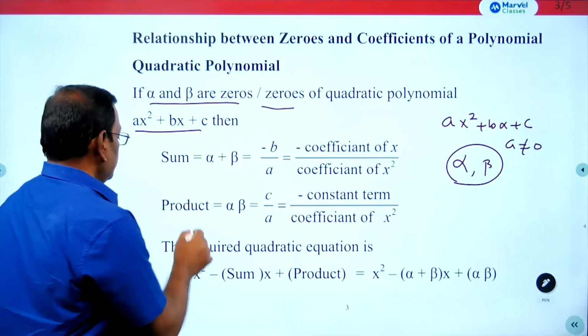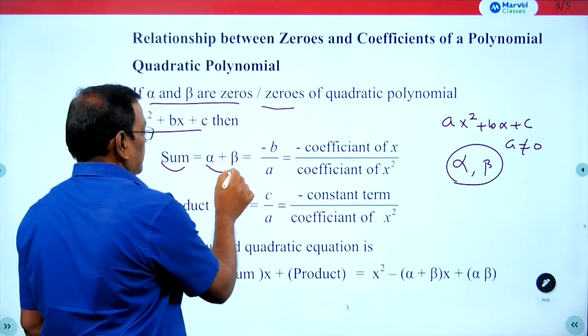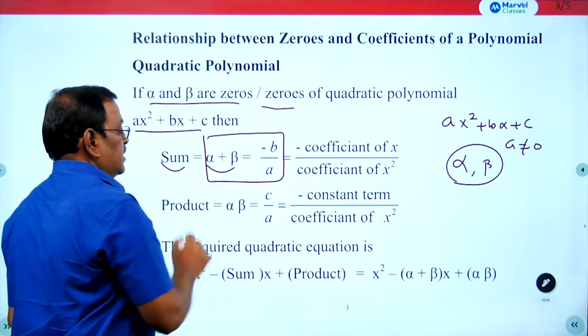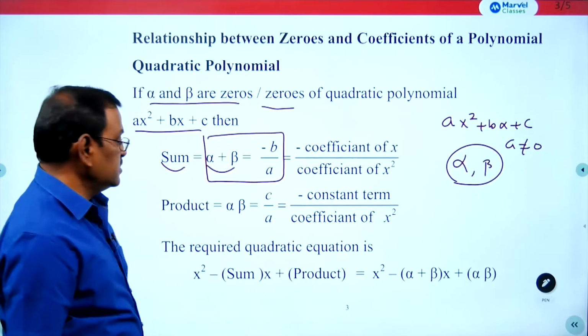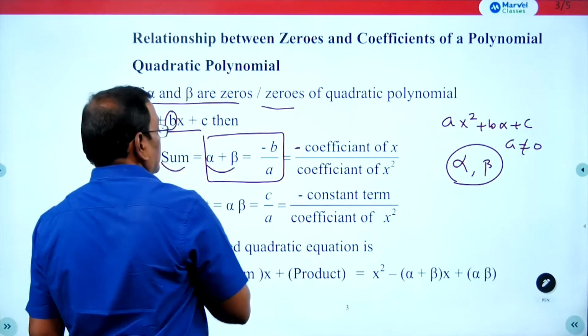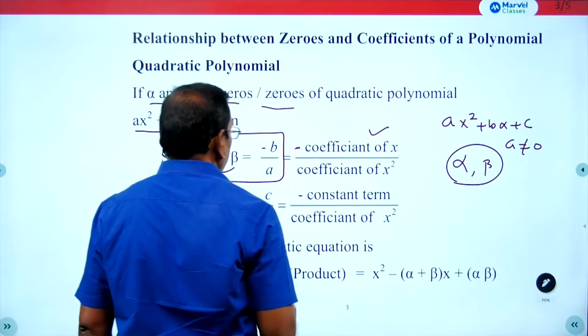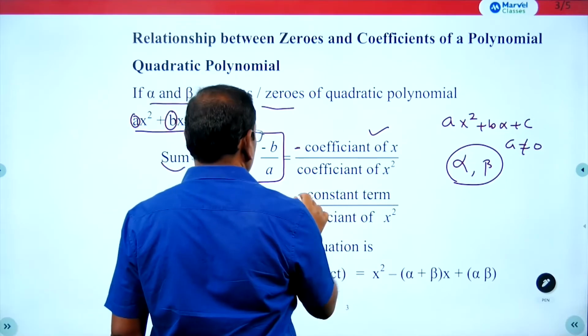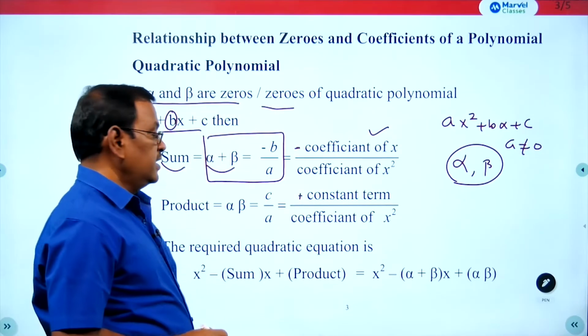Then the sum of the zeros, alpha plus beta, equals minus b by a. What is b? b is the coefficient of x. And a is the coefficient of x square.